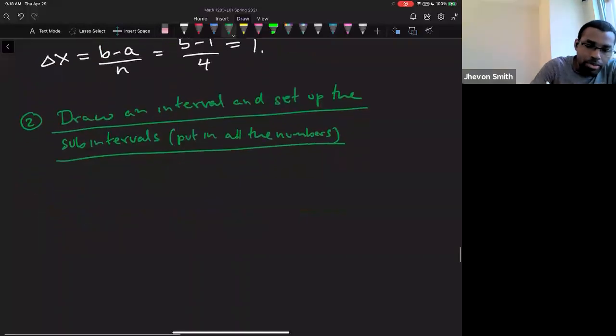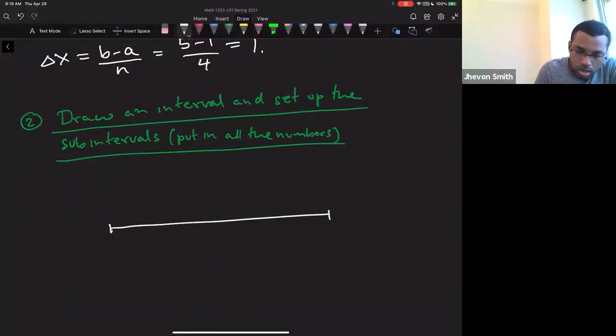So what we have here is we know we're looking at an interval that goes from 1 to 5. I know I want to dissect it into 4 sections because that's what I was told. And the length of each of these sections is delta x, right?